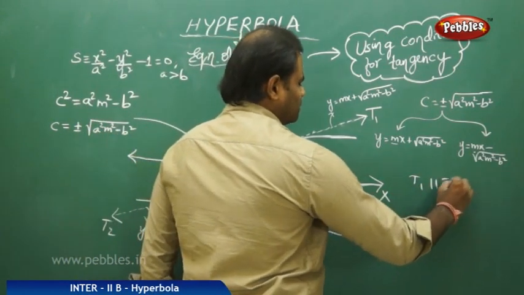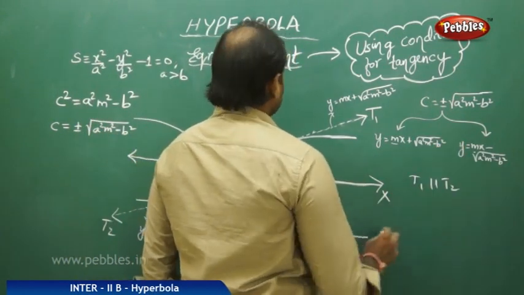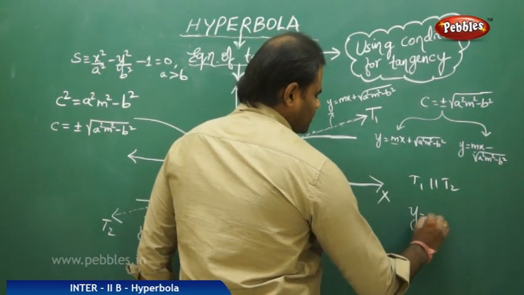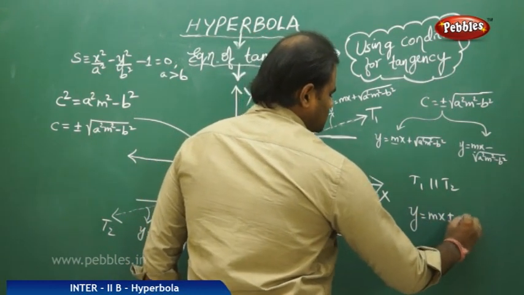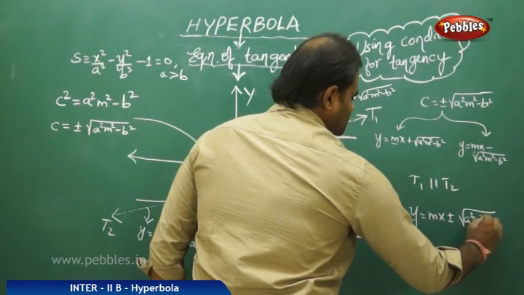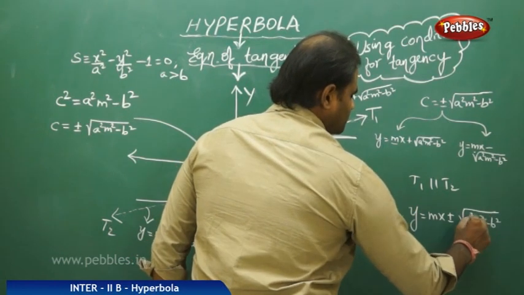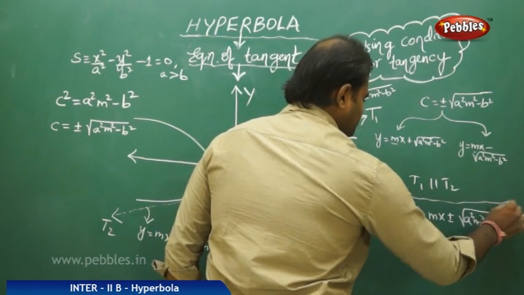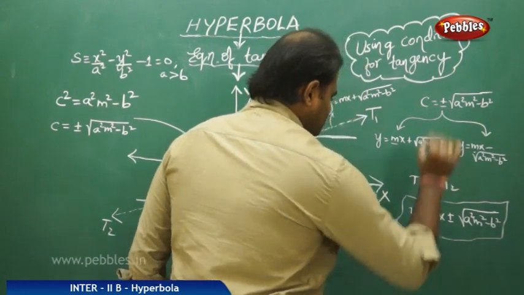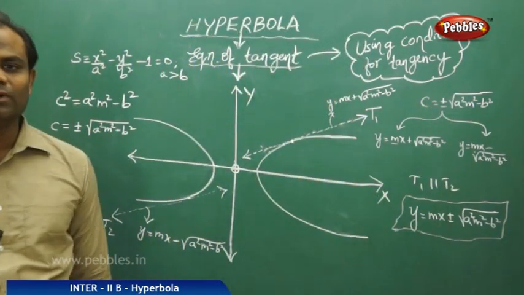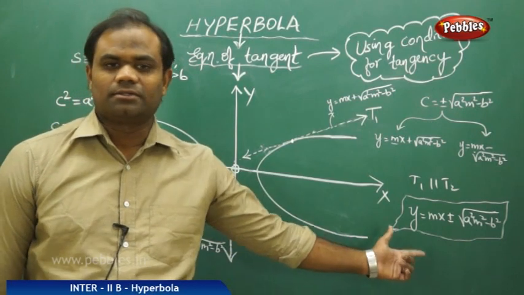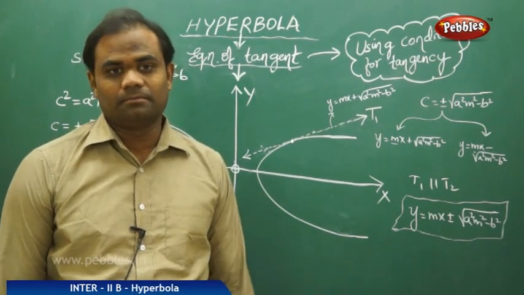T1 parallel to T2, and the equations of tangents are given by y equal to mx plus or minus root of a square m square minus b square, which is how we identify the tangent of the hyperbola.